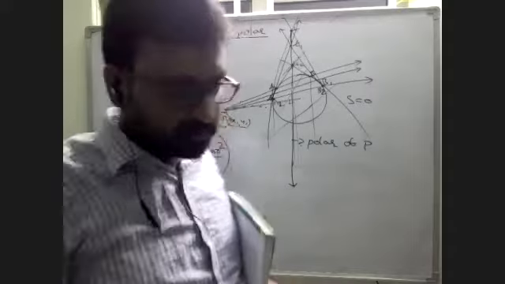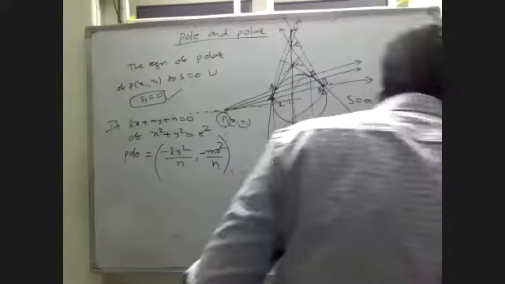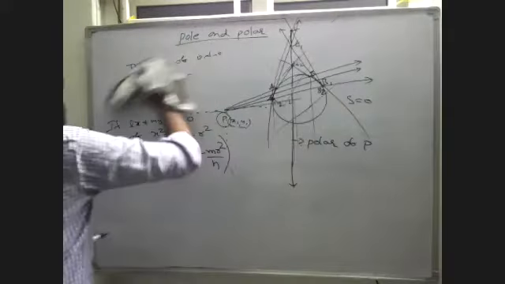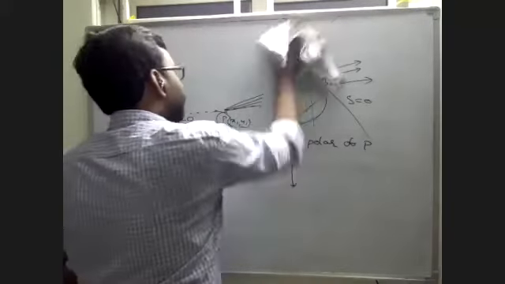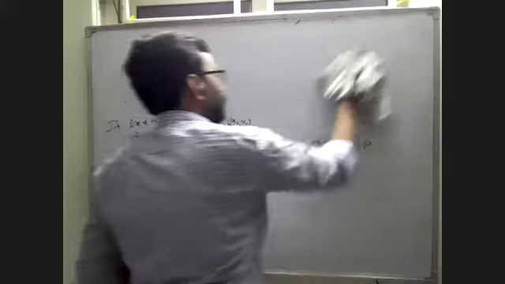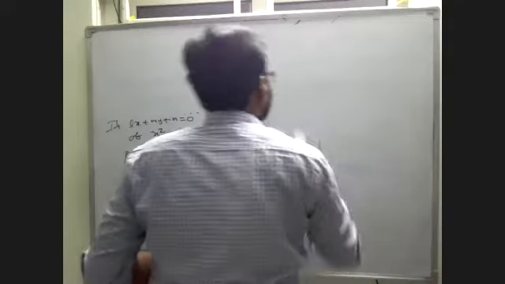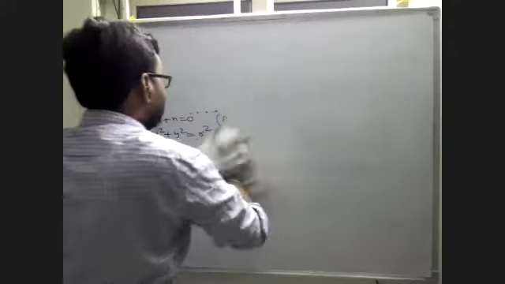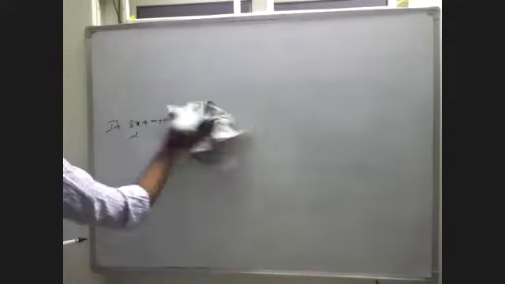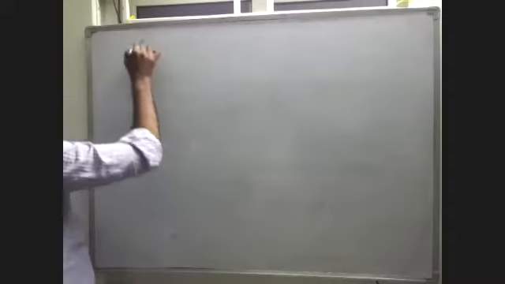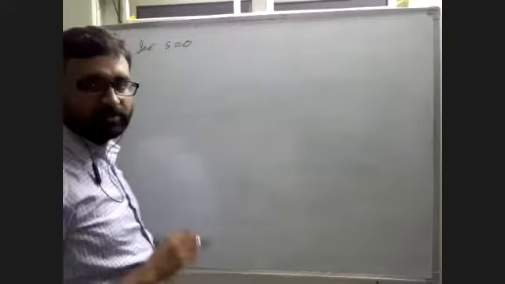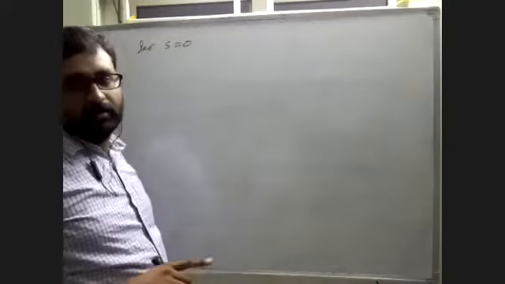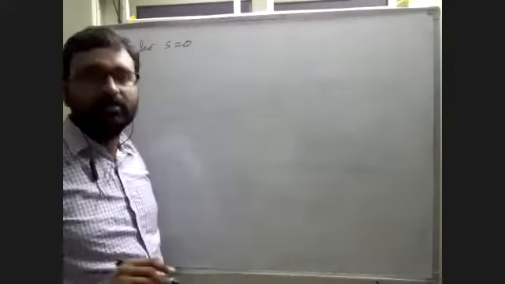For the big circle, what is the pole? You have to remember carefully. For S equal to 0, the general form x square plus y square plus 2gx plus 2fy plus c, the center is there; in the previous circle the center is 0, 0.